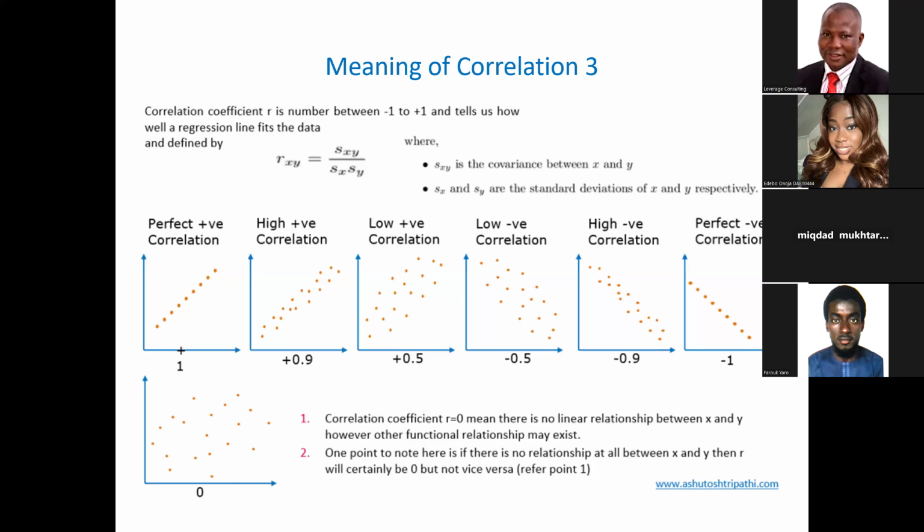The slope slides down from left to right, while the positive slides up from left to right. So you can see the other one is the mirror image.